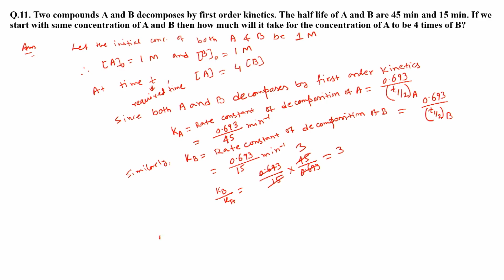Okay. Again we know, for first order kinetics, t is 1 by k ln a by a minus x, right. So, for A after time t, we write Ta is 45.